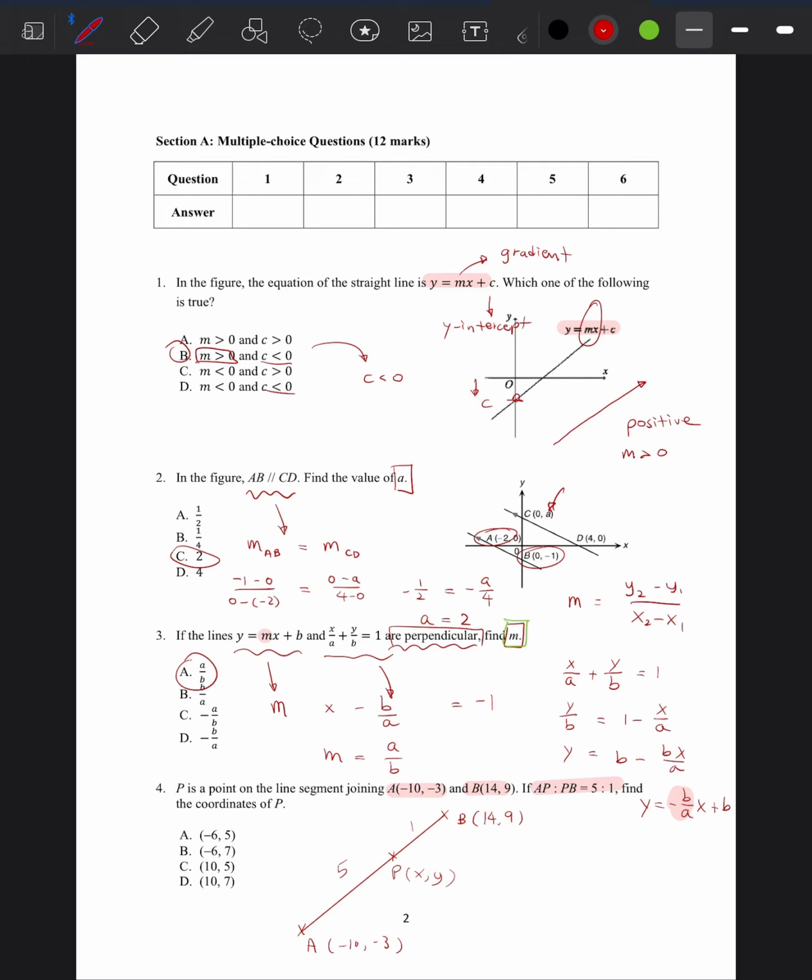Considering the x coordinate, x equals 1 times -10 plus 5 times 14 divided by 1 plus 5, and you will have 10 here. Considering the y coordinate of P, 1 times -3 plus 5 times 9 divided by 1 plus 5 equals 7. So the x and y coordinates of P should be 10 and 7. So the answer is D.